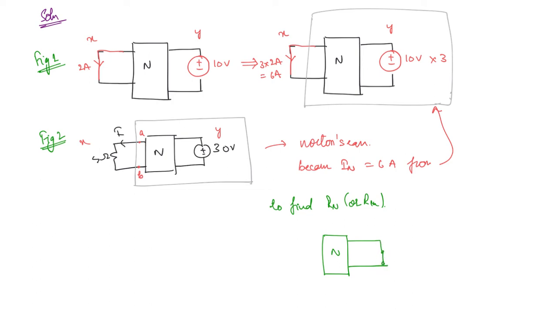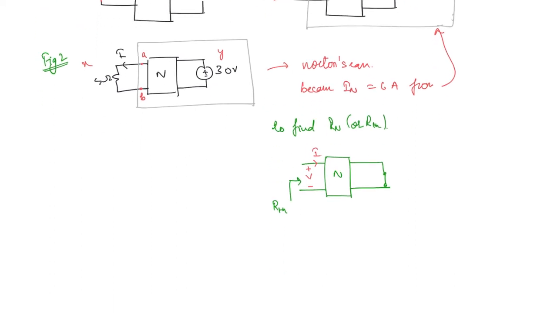Now we want the Thevenin's resistance seen from this terminal. This means that if you know the voltage here and the current here, then RTH is simply V by I, because this is the equivalent.